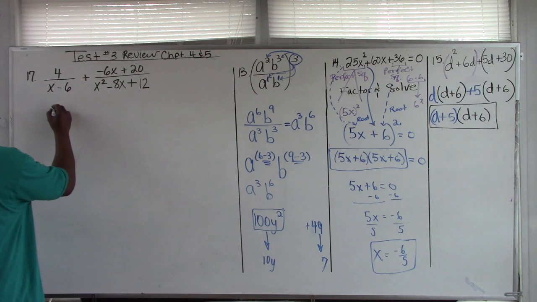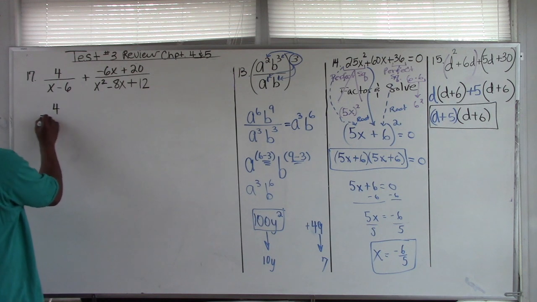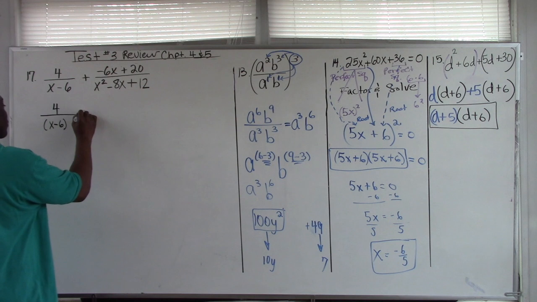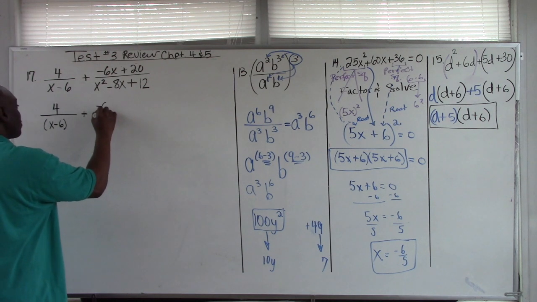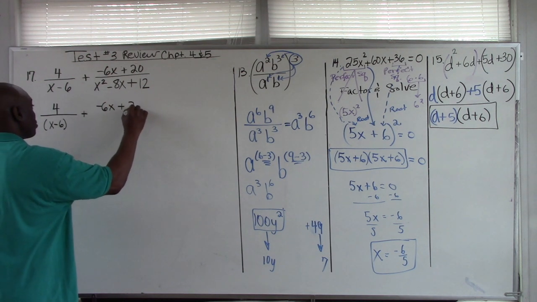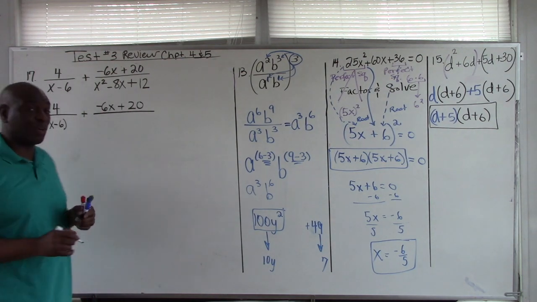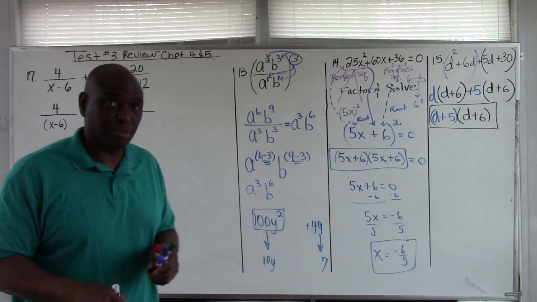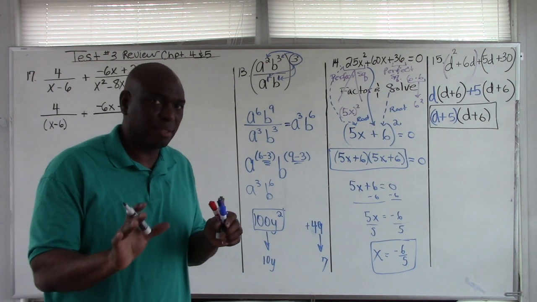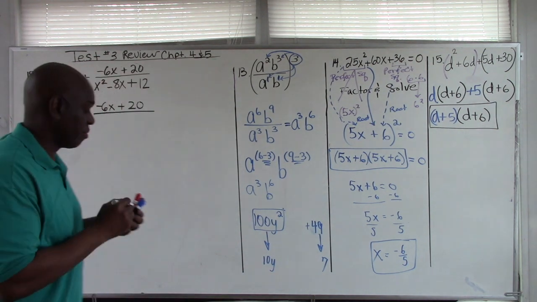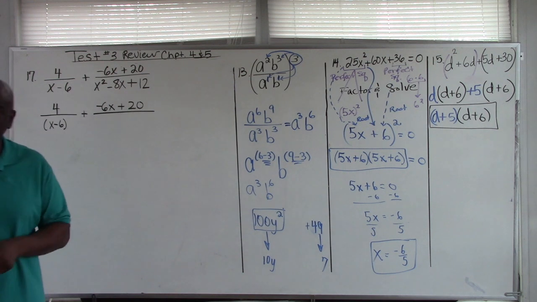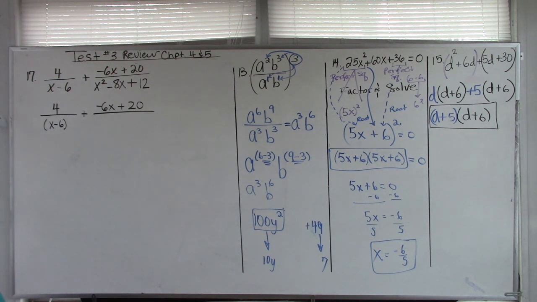So we're going to have 4 over x minus 6 plus negative 6x plus 20 over. Notice I said have all your denominators factored. Numerator, don't worry about it. Factor your denominator right now. That's first. Factor the denominator.